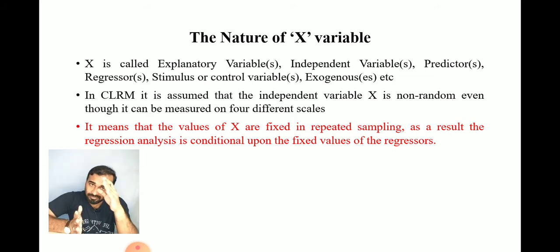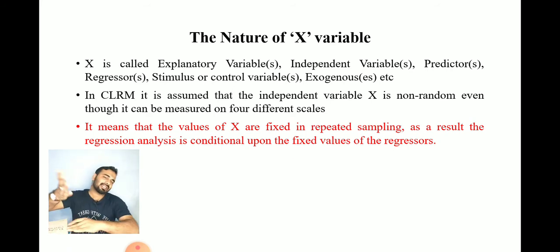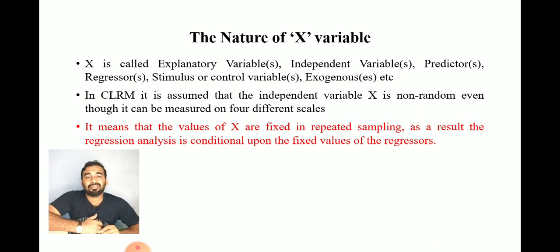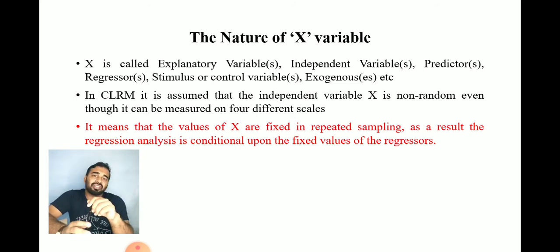There are 5 different households having the same level of income. So the income is fixed for different households. That's why sometimes it may be assumed that x is fixed in repeated samples. We will discuss more about this when we discuss the assumptions of regression analysis.